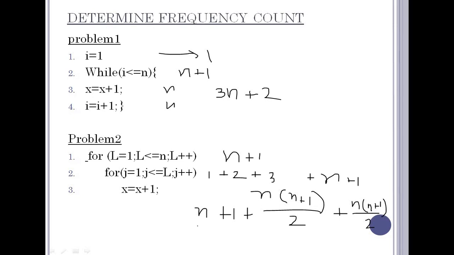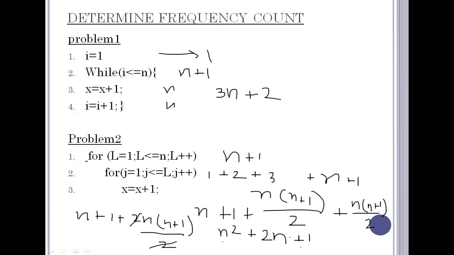So that 2 is going to be cancelled. Here I can do 2n plus 1 divided by 2, and this is going to be cancelled, and here I get n square plus 2n plus 1 as my total frequency count.